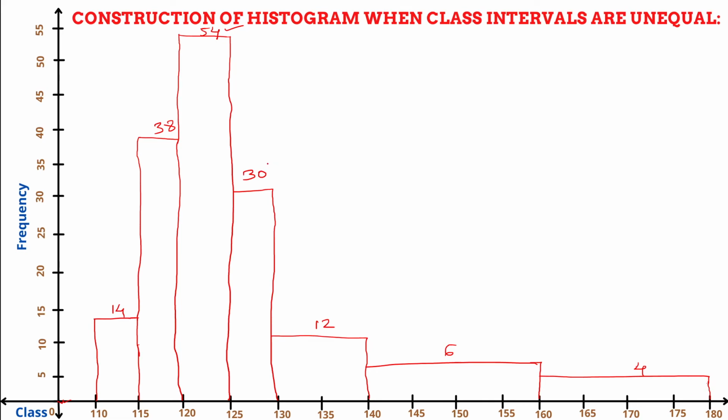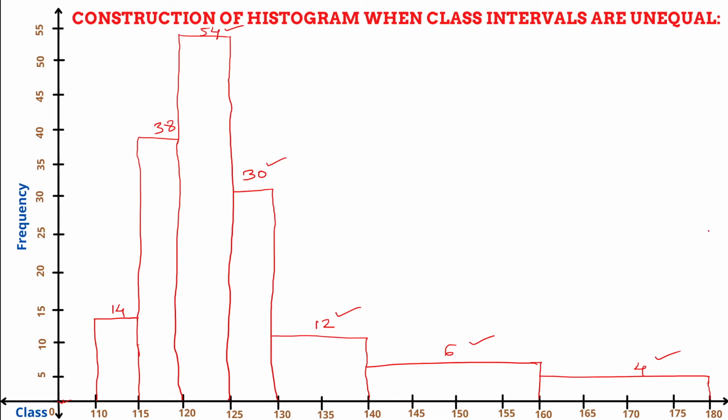Likewise, 30. For class 130 to 140, the adjusted frequency is 12, for 140 to 160, the adjusted frequency is 6, and for the last class 160 to 180, the adjusted frequency is 4. This is the resulting histogram for the classes of unequal width.